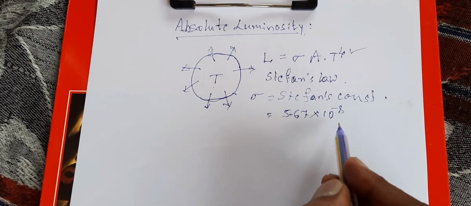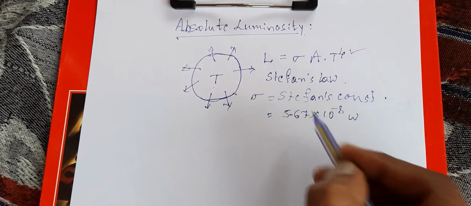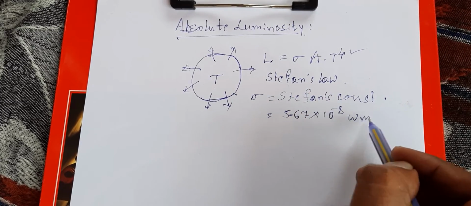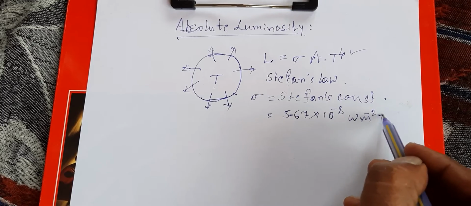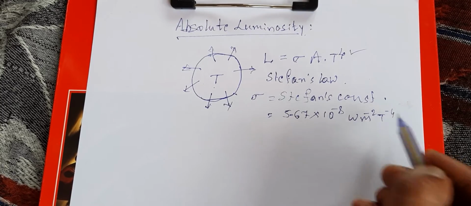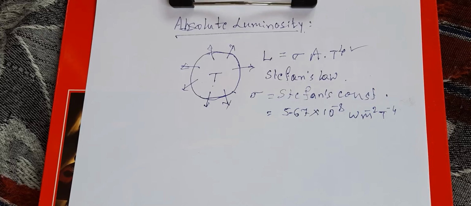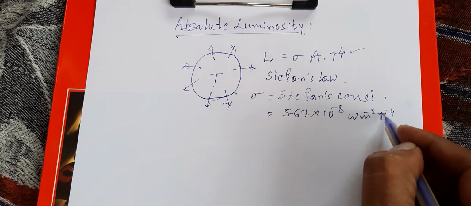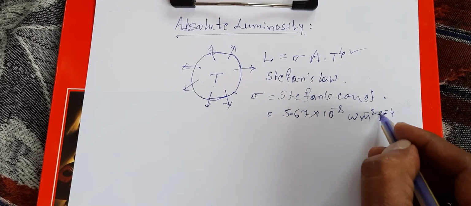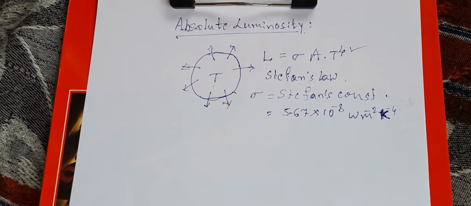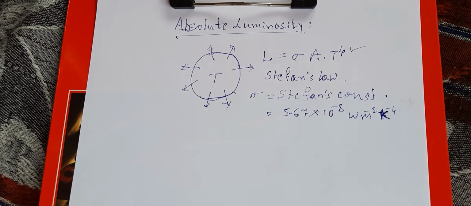The unit of this is watt per meter square per Kelvin to the 4th power. So this is the unit of Stefan's constant.